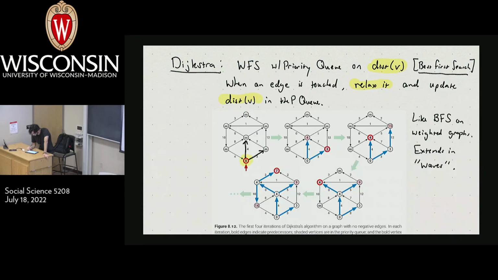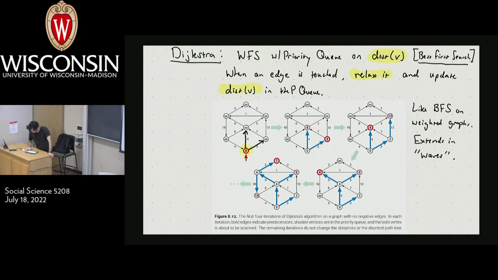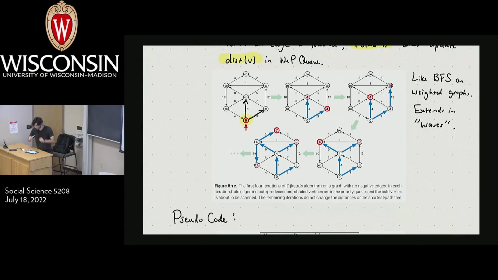Okay? So the next node we're going to pop off the queue is going to be the one that's closest to S in total distance. We always prioritize the things that are shortest so far. And just like BFS, this will grow in like waves.